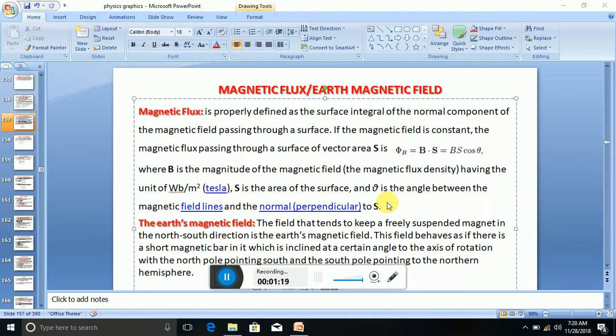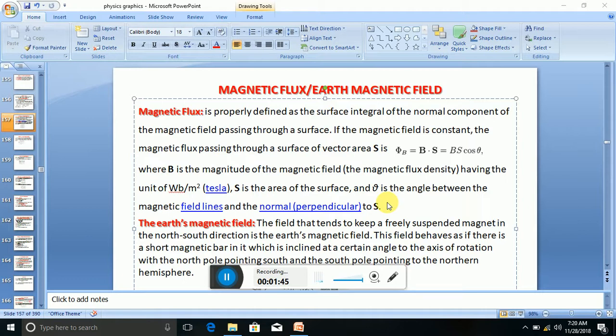Now, the Earth's magnetic field is the field that tends to keep a freely suspended magnet in the north-south direction.